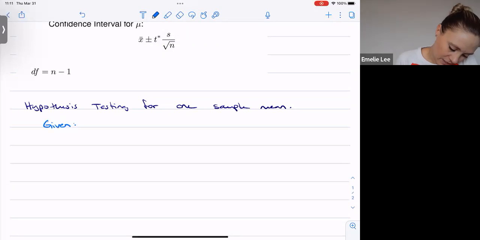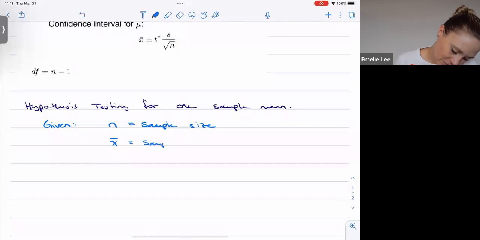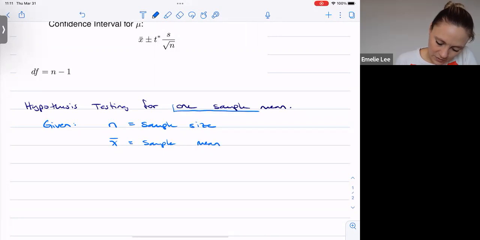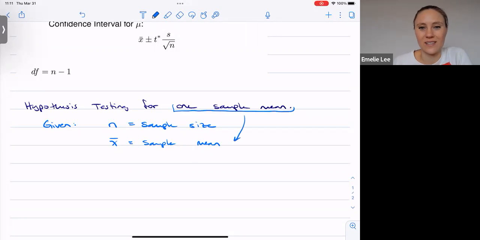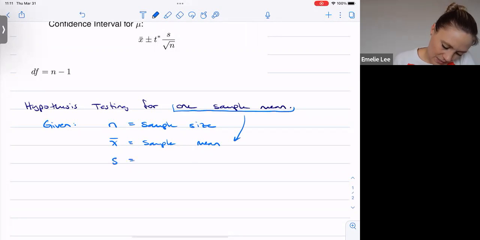So we're given n, which is the sample size. We're given X bar, which is the sample mean, right? And so here you only have one of these sample means, right? And that's where the type of question comes from. S is the sample standard deviation.